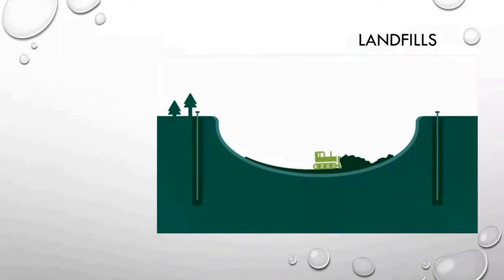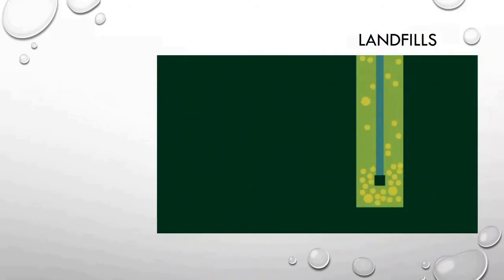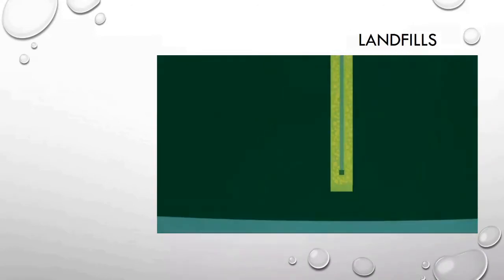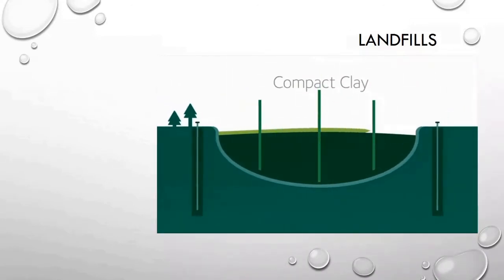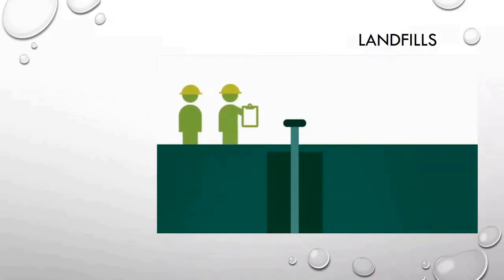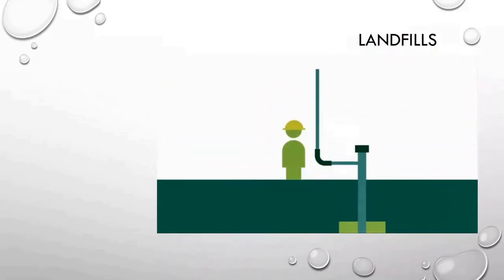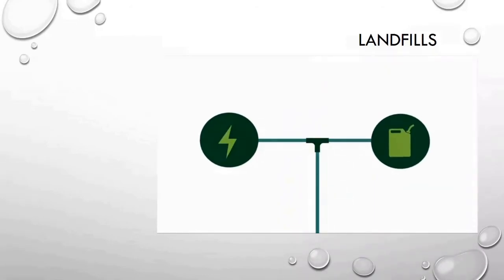equipment compacts the waste each day before daily cover, soil or tarps, is placed to avoid potential littering and odor. Gas wells are installed to capture methane generated by the waste. Once full, the landfill is covered with a cover system approved by the regulator. Groundwater continues to be monitored, and methane gas is collected and destroyed or turned into energy or fuel.